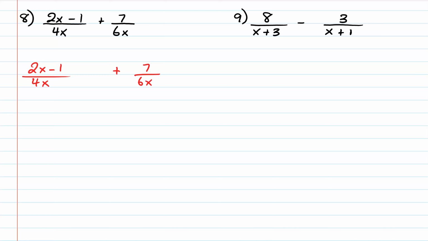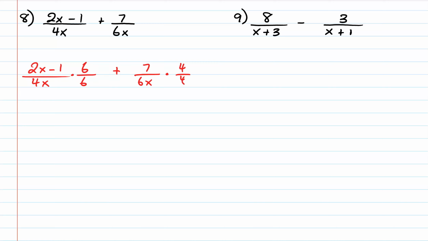Now to get a common denominator, I could multiply the terms by the opposite denominators, right? You could do that. Or the other option is to just multiply by the numbers, because x is already common in both denominators, so you can just multiply by the numbers to make it easier. You can go 6 over 6 and 4 over 4. You can do that as well.